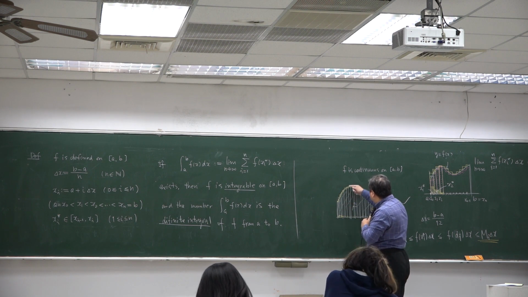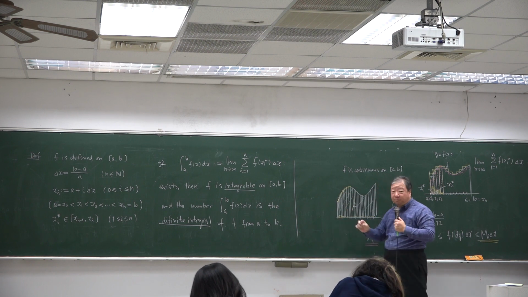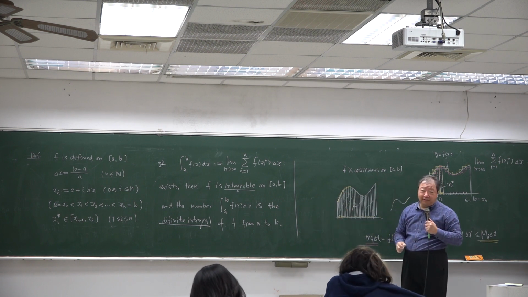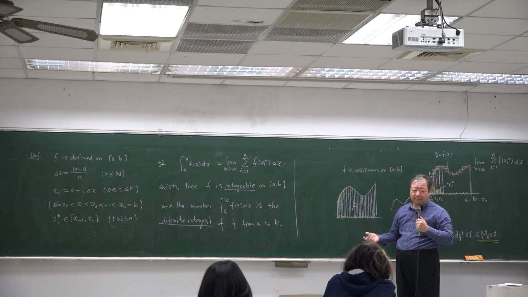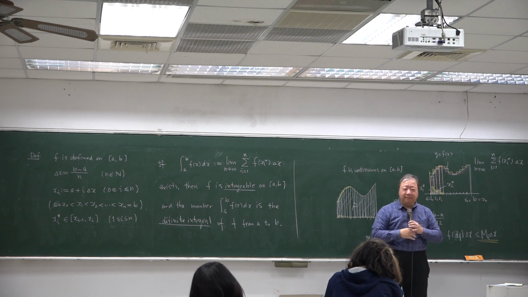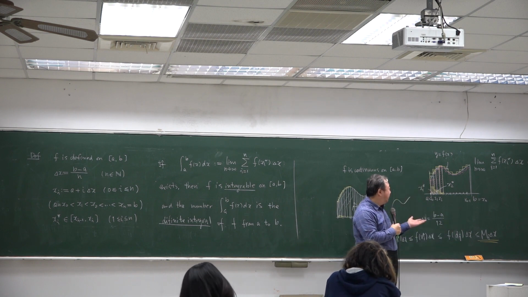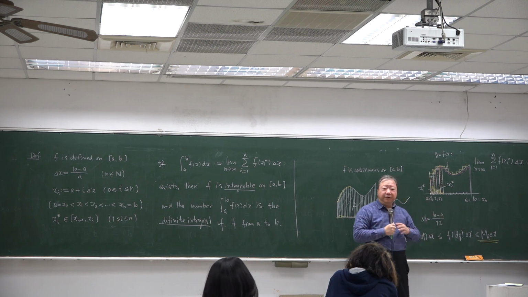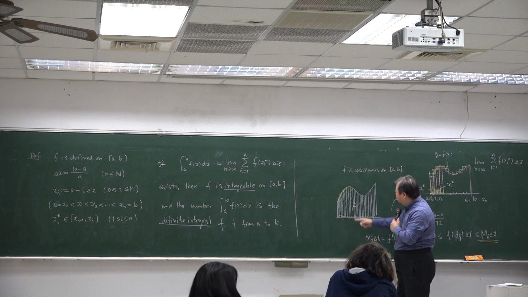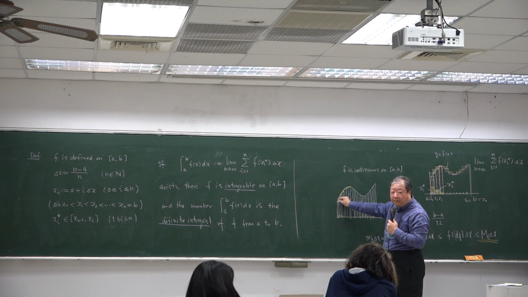Yes, the area of the curve is definitely smaller than the sum of the areas of the small rectangles, right? It's always small. If n is very large, then the maximum and the minimum are almost the same, right?